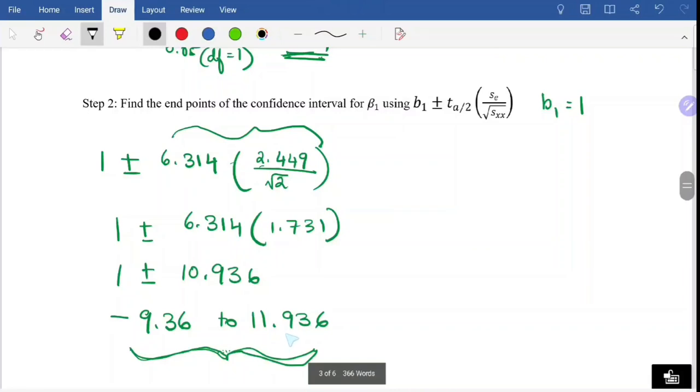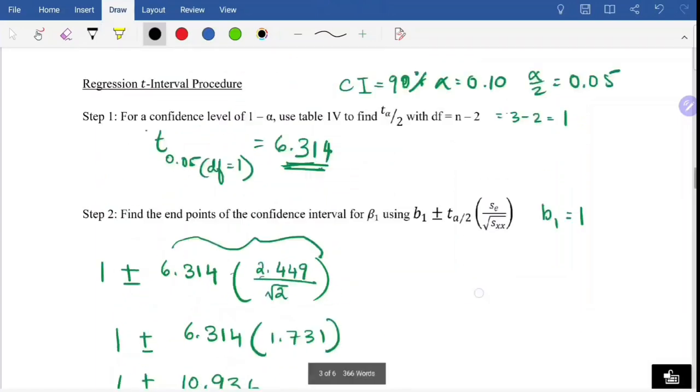Therefore, beta sub 1 is likely to be 0, and that's the reason we did not reject our null hypothesis. So this is in sync with the decision we got from our hypothesis test.